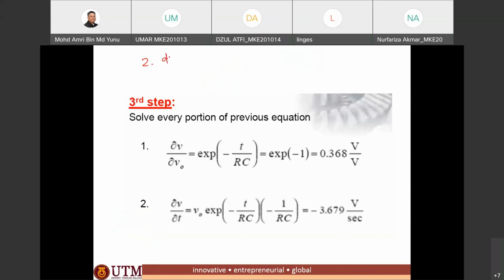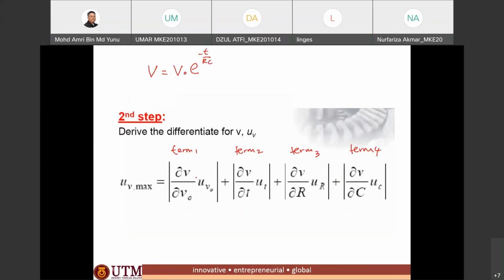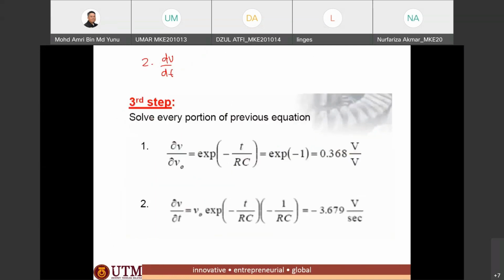Okay, dV over dt. So you see the first term is dV over dVout, then dVo, and then dt, dR, dC. This second term is dV over dt, which is V out exponent negative t over RC over dt.